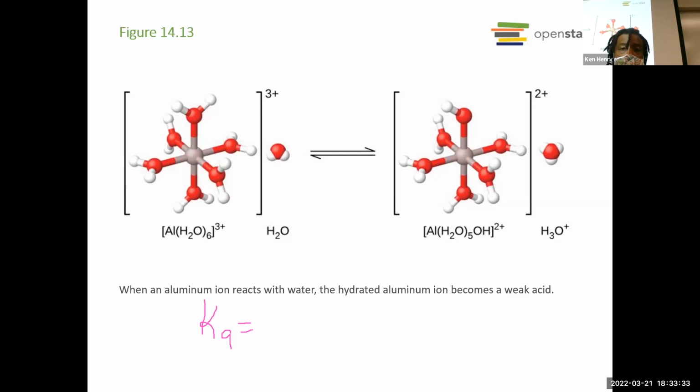Okay, so okay, and the initial concentration of this is 0.100 molar. So how would I find the concentrations or the pH at equilibrium?